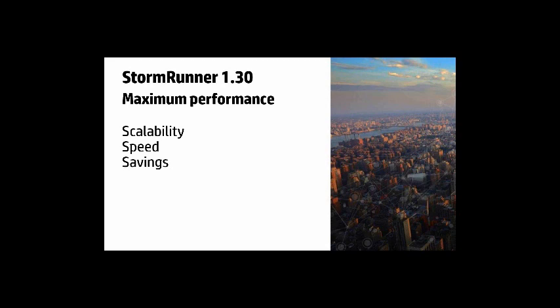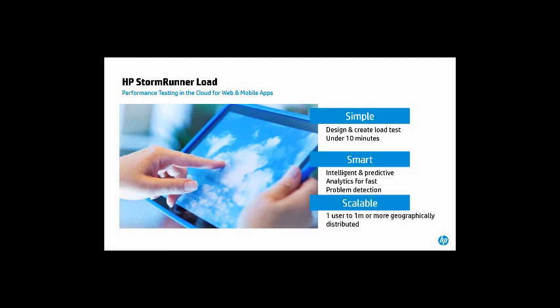And we have simplified the product, but it will have all protocol support and everything that you need today, but also all futuristic needs. So, let's talk about StormRunner quickly before we move to StormRunner version 1.3 features.